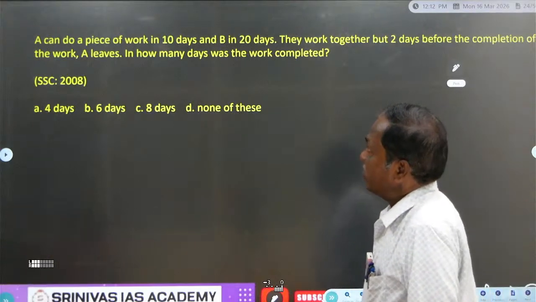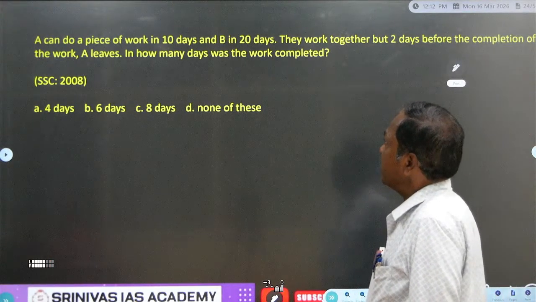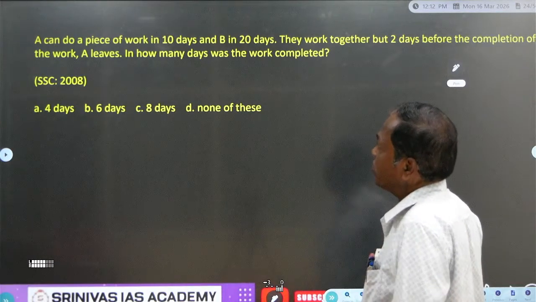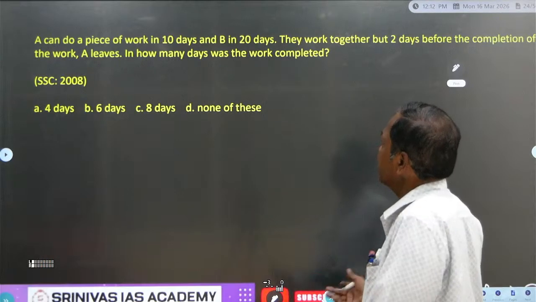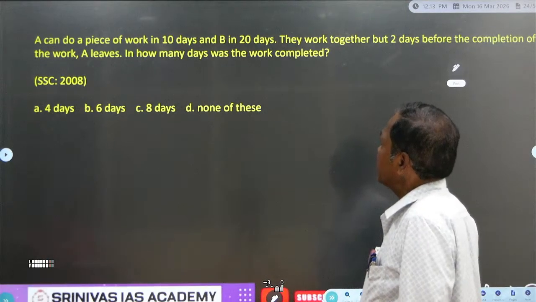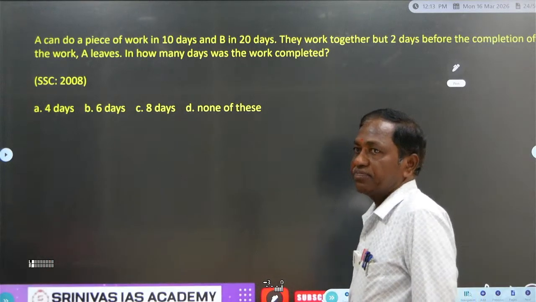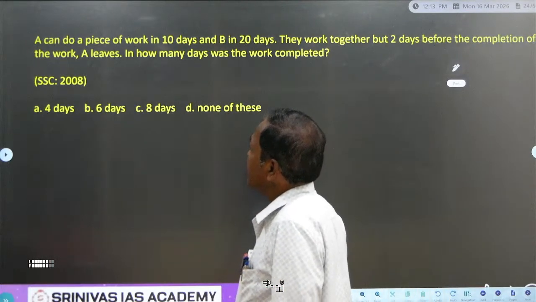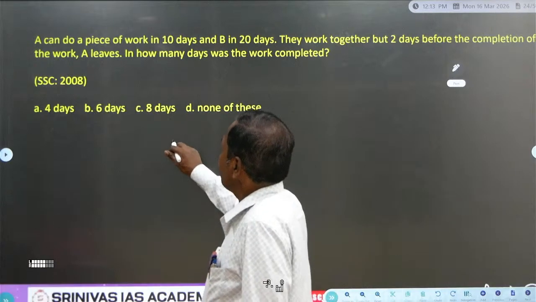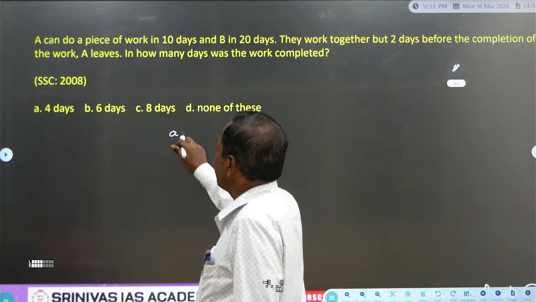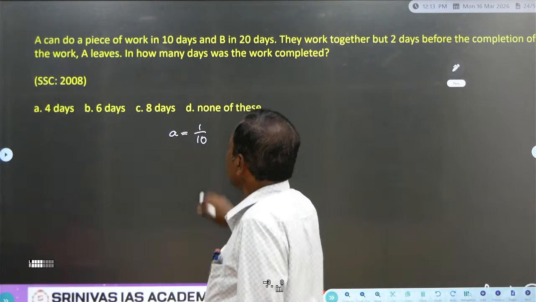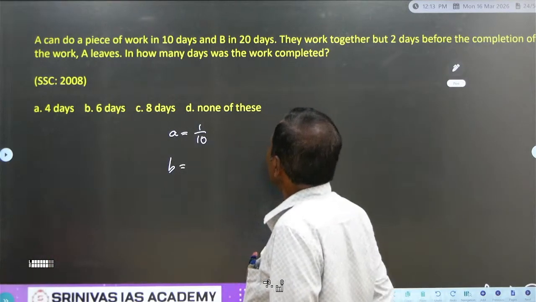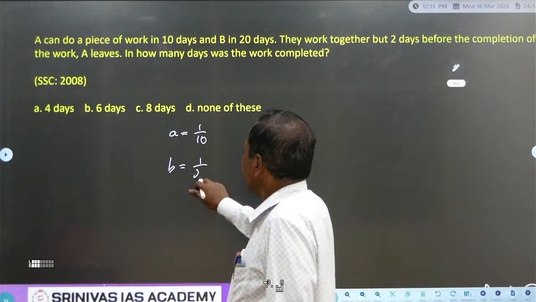Now, A can do a piece of work in 10 days and B in 20 days. They work together, but 2 days before the completion of the work, A leaves. In how many days was the work completed? A can do a piece of work in 10 days. 1 day work of A is what? 1 by 10. 1 day work of B is what? 1 by 20.